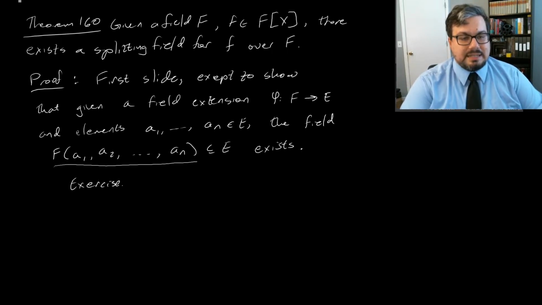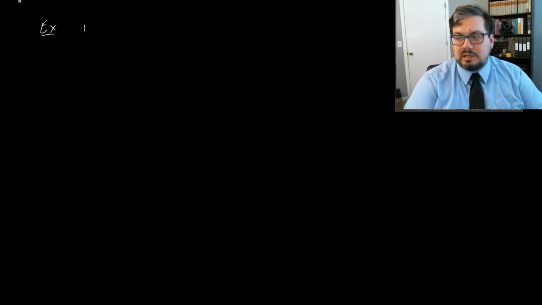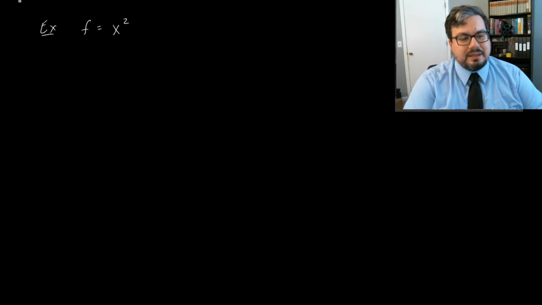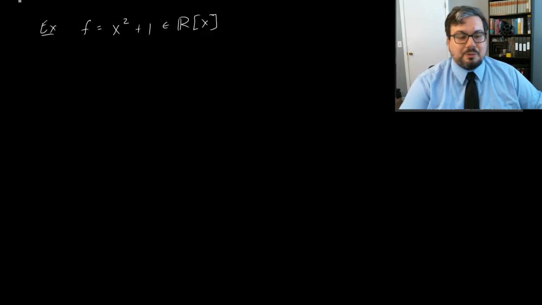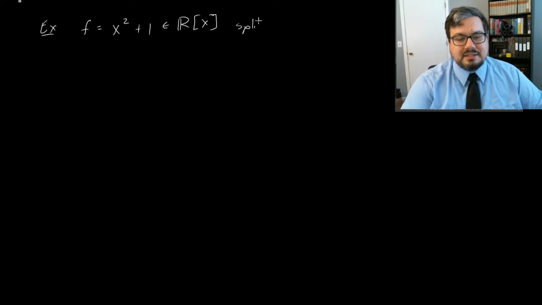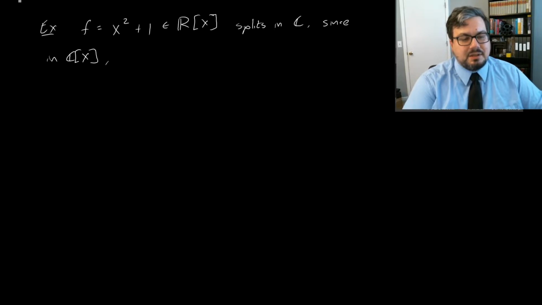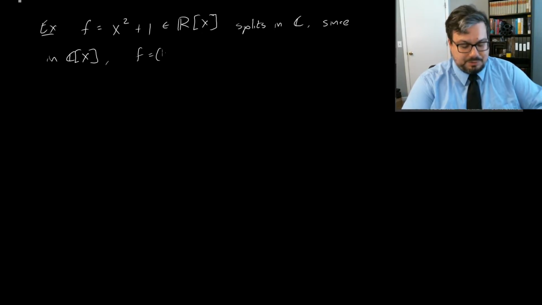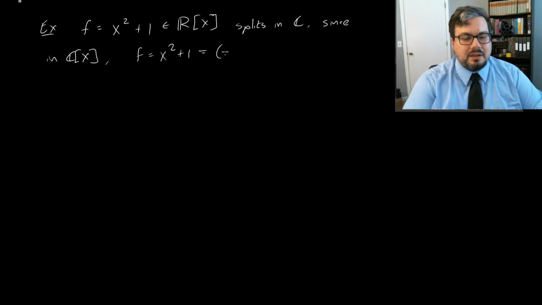So let's see an example. If we look at the polynomial f = x squared plus 1 sitting inside the polynomial ring over the real numbers, this splits in the complex numbers, since in C[x], we have that f is equal to x squared plus 1, which is (x plus i)(x minus i).